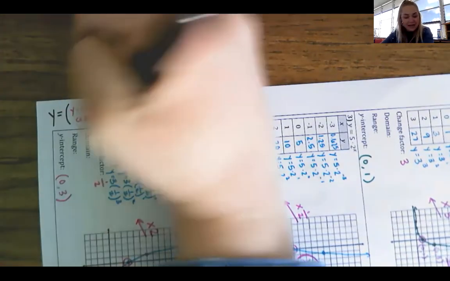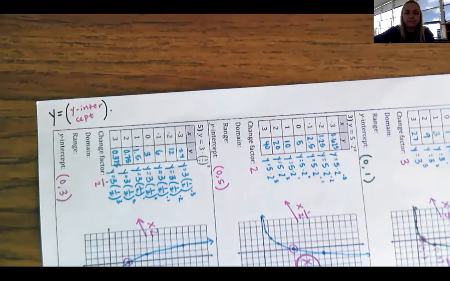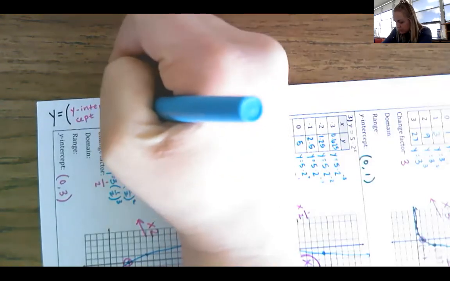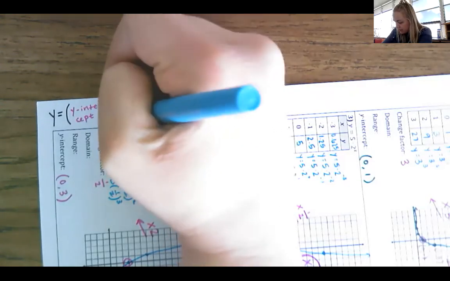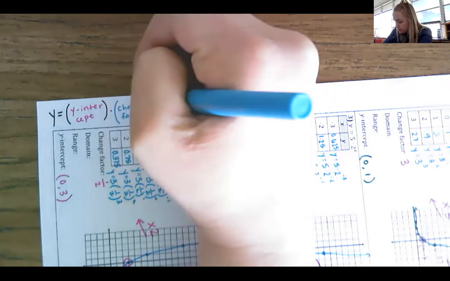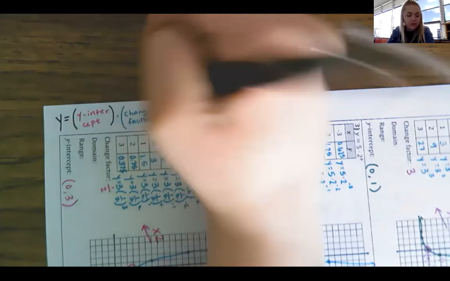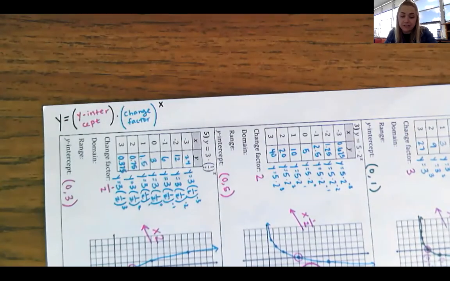Then you're going to multiply by the change factor to the power of x. So you're going to find the y-intercept and the change factor from the equation, and it's raised to the power of x.